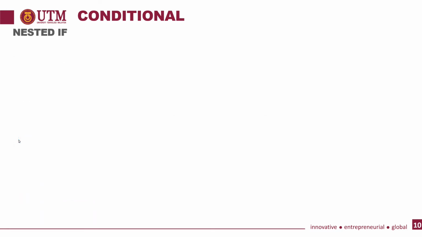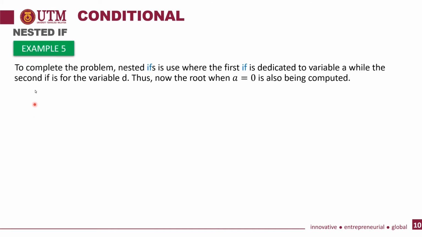Next example is about nested if. What is nested if? Let's take a look at example number 5. To complete the problem, nested if is used where the first if is dedicated to variable A, while the second if is for the variable D. Thus, now the root when A is equals to 0 is being computed.